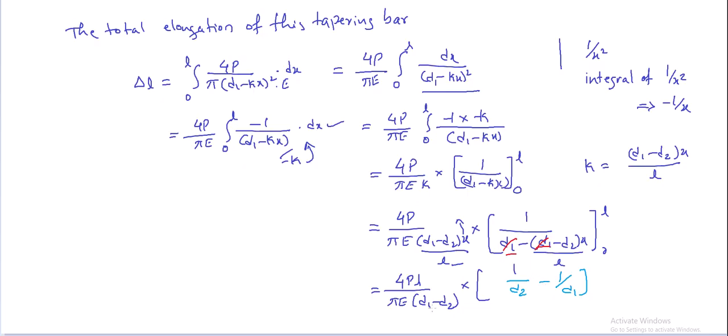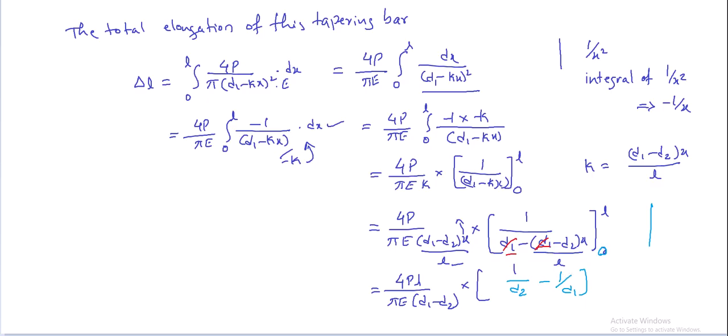What I did here is substitute L and 0. If I substitute 0 for this part, d1 minus d2 becomes 0 because it is multiplied by 0, and we are left with 1 by d1 at the lower part. For the upper part, if I substitute L here, d1 and d1 get cancelled, and this is d2, and L and L get cancelled. That is why it is 1 by d2, and this is minus 1 by d1.